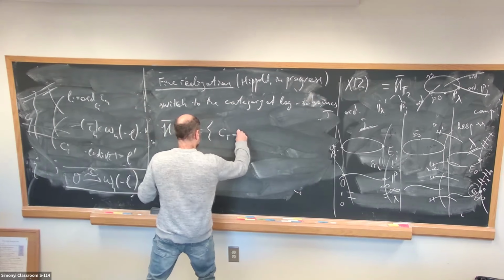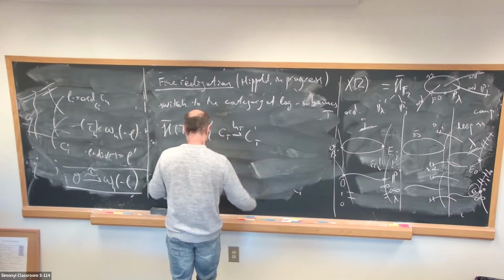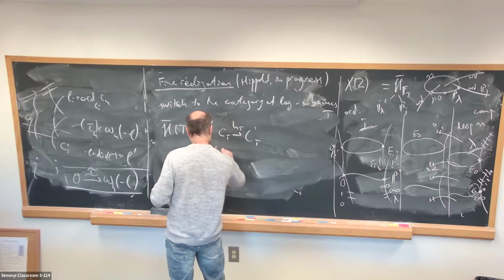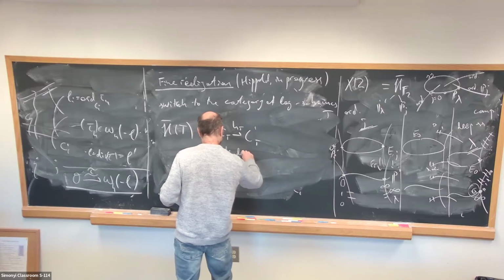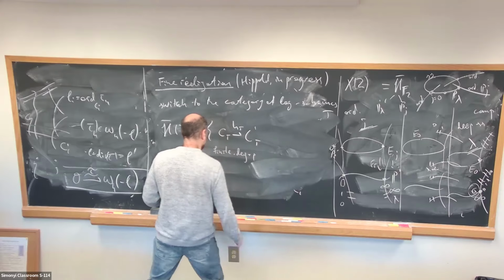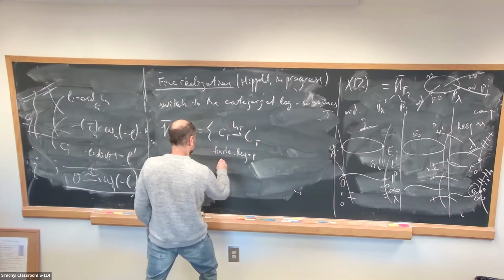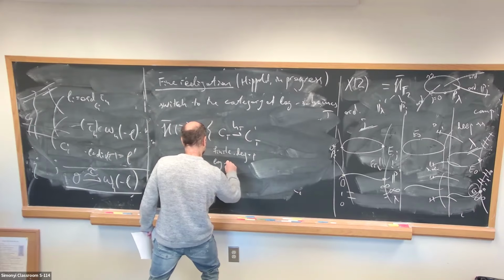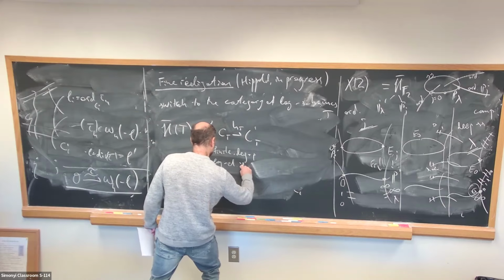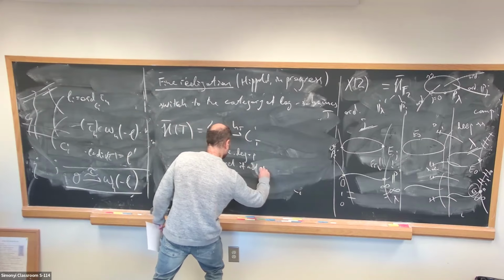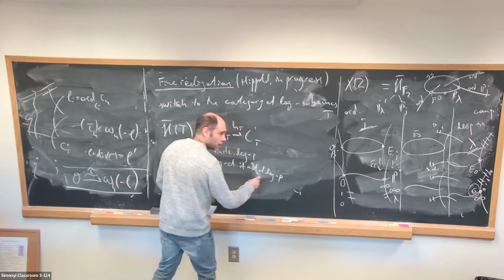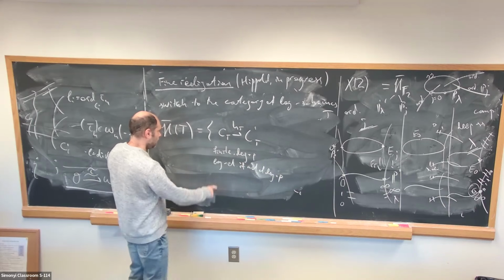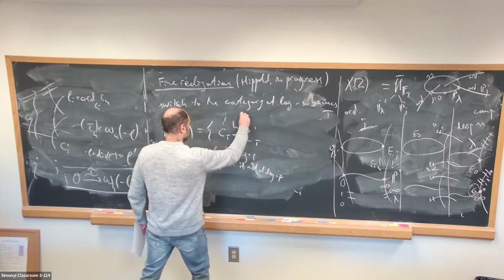It's a map CT to C prime T, which is finite, of degree p, and logical if not of degree p. It can have inseparable components, but everywhere at the nodes, otherwise it should be just logical. These guys are log smooth.